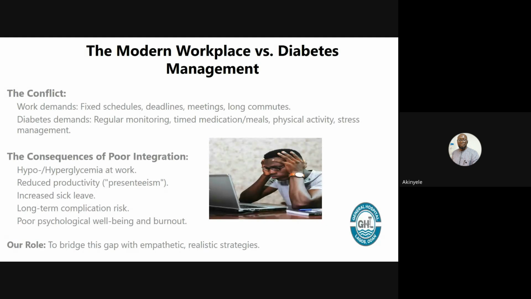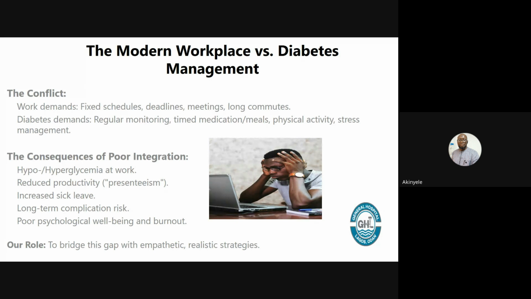As a result, it disrupts their regular monitoring of their blood glucose. Some of them are not able to take their medications when due, and they're also not able to take their meals when due. They have little or no space for physical activity, and as a result they develop stress.